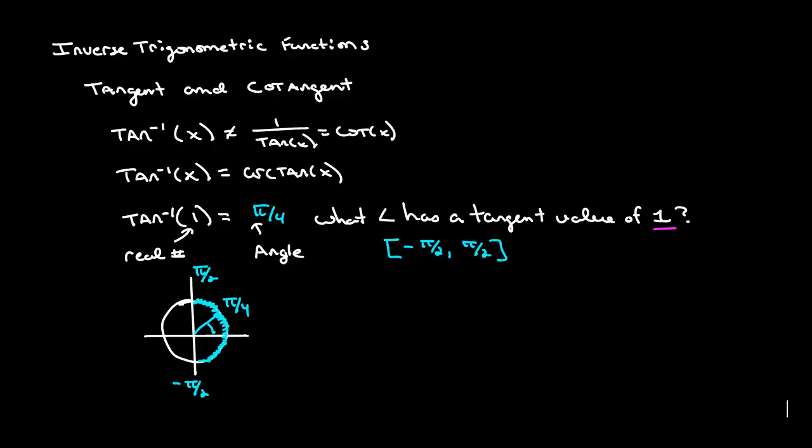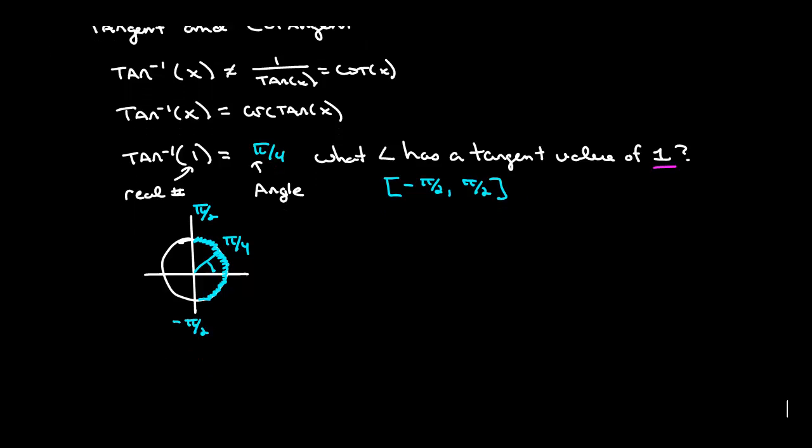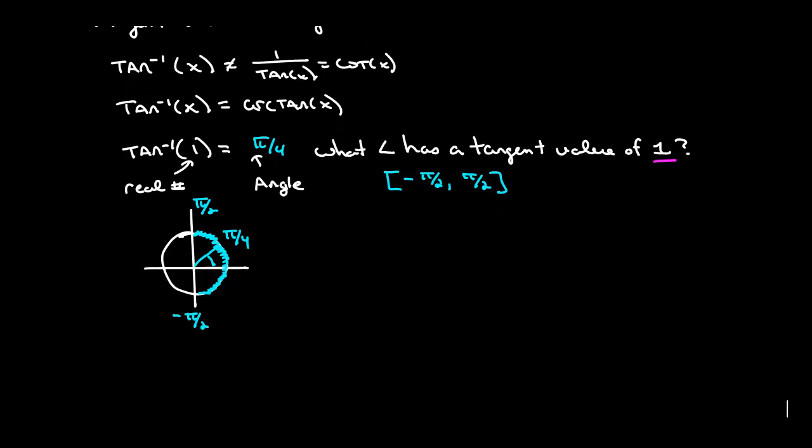Now the difference with tangent and, let's say, sine for the inverse versions of their functions is the following. If I ask something like this, what is the arcsine, or what is the inverse sine of 3, this has no solution.